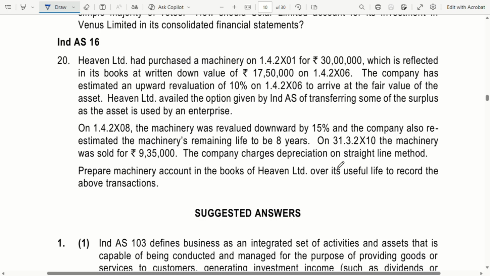And if we are getting revaluation loss, then we will debit it to the P&L. This is the adjustment we do when we are doing it for the first time. Gain है तो revaluation surplus में, loss है तो debit होगा P&L में.